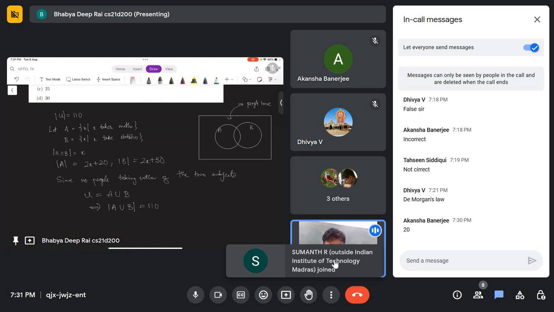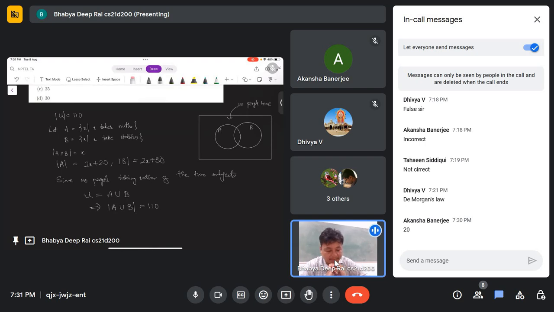So Sumant has joined right now. Sumant, we are doing the inclusion exclusion principle. On solving this question, we found these parameters for size of A intersection B, size of A, and so on. And can you use the principle of inclusion exclusion to find the value of X?